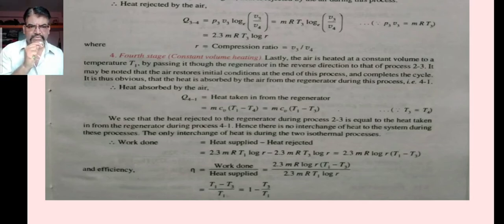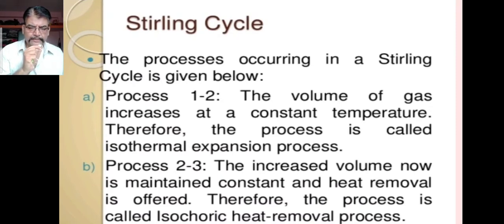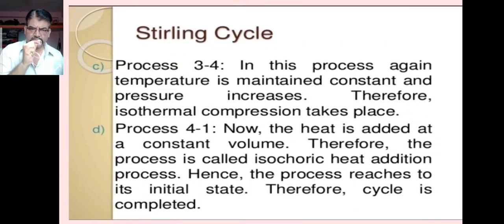Therefore we have seen that efficiency is higher temperature minus lower temperature divided by higher temperature. Now the Stirling cycle, as I explained, has process 1 to 2, process 2 to 3, process 3 to 4, and process 4 to 1.